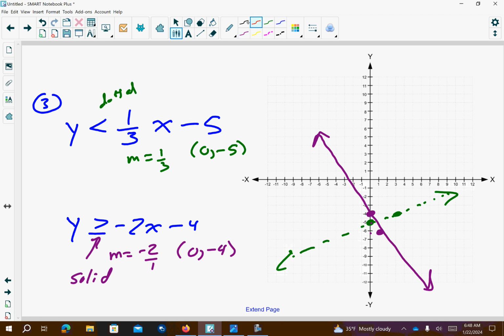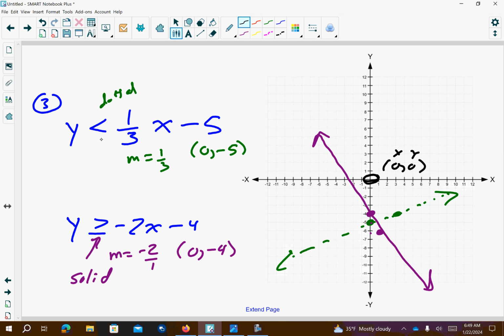What we want to do is think about the point (0, 0). (0, 0) is on the right side of the purple and on the top side of the green. Agree? So this is going to be a test point. We want to see if I take (0, 0), which is an x and a y value, and plug it into my equation, does it give me a true statement?